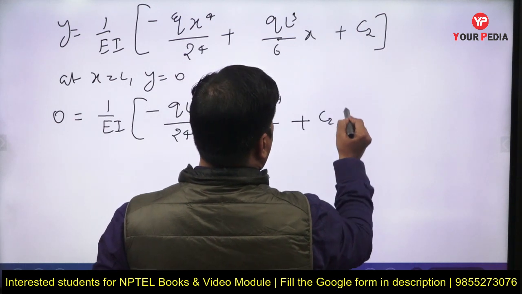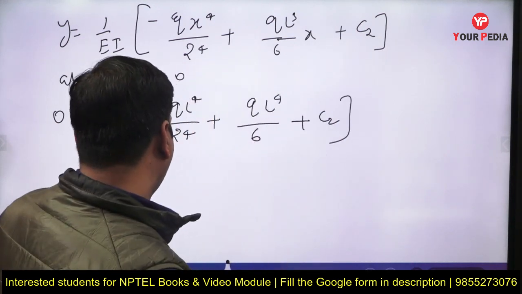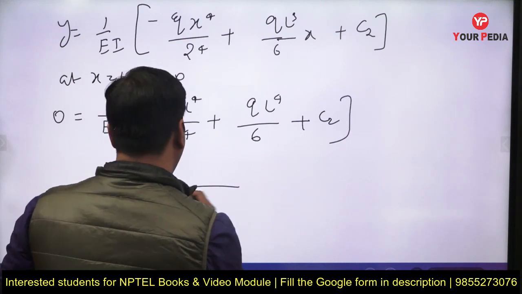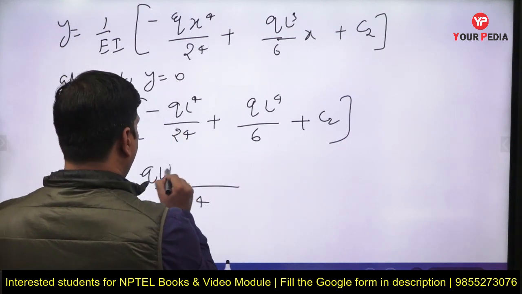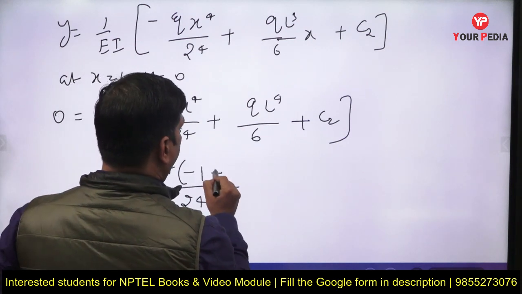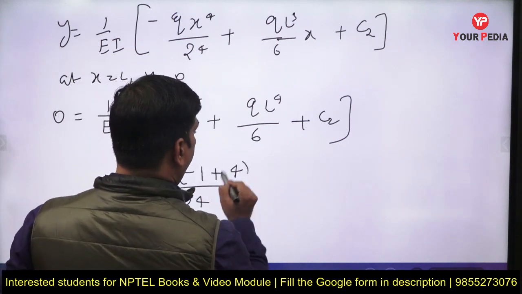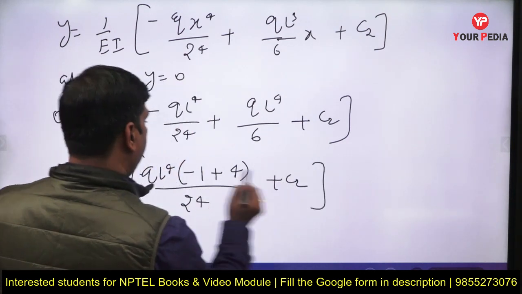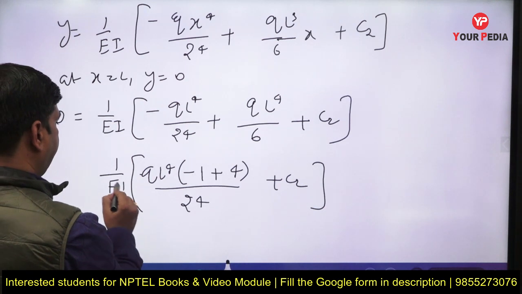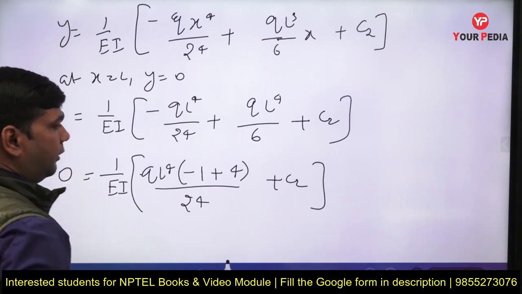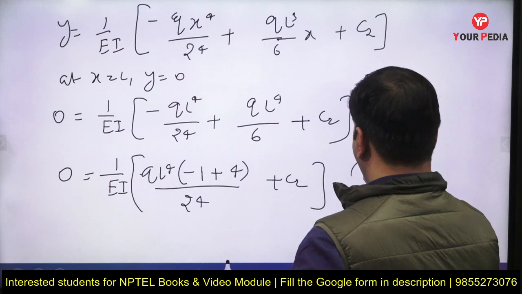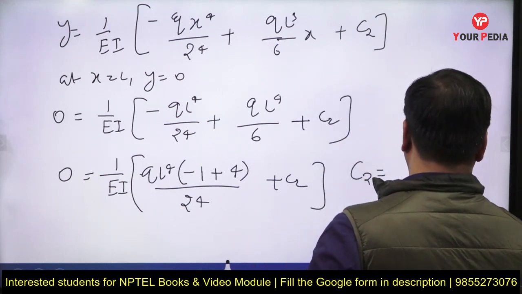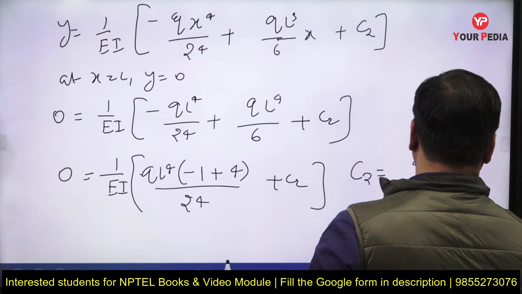Plus c2. If you calculate the value of this, take the 24: minus q L to the power 4 minus 1 plus 4, plus c2, into 1 upon EI equals 0. So from here c2 comes to be q L to the power 4 upon 8 EI.